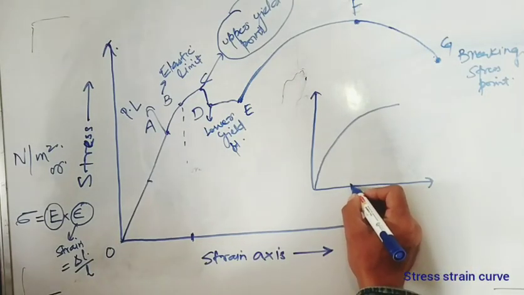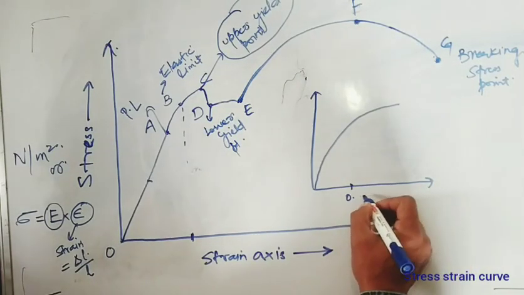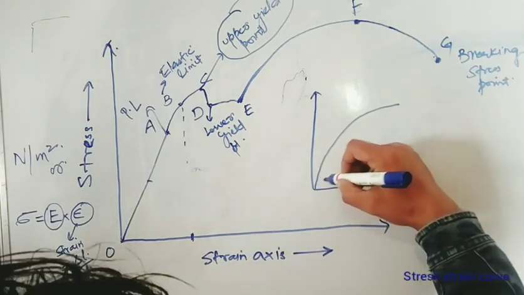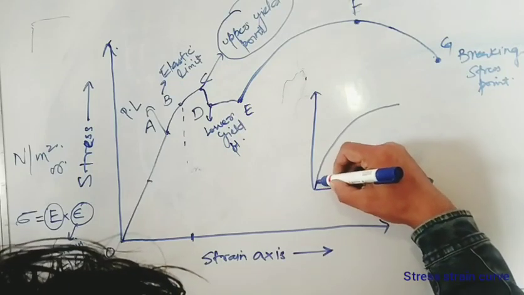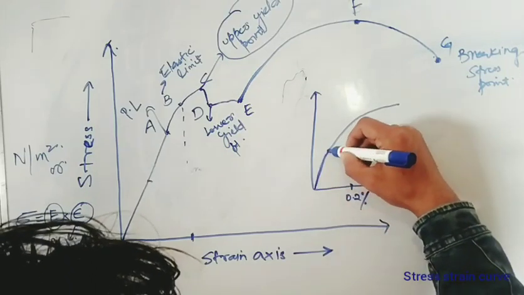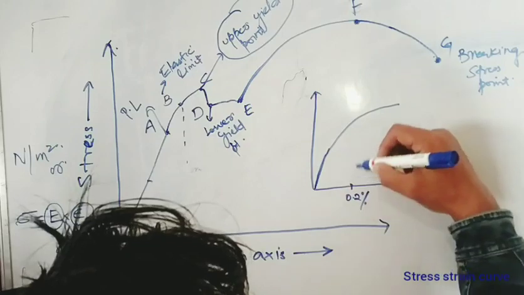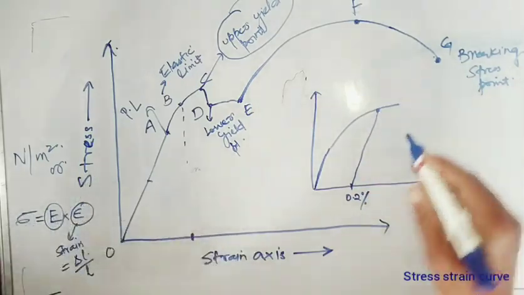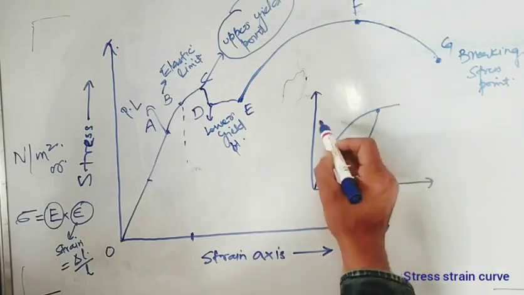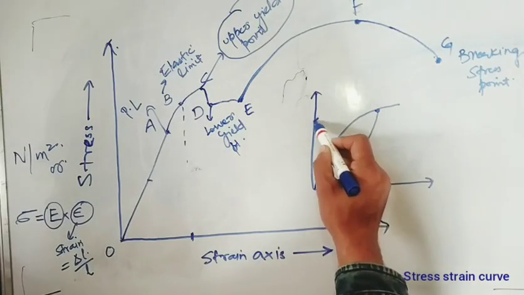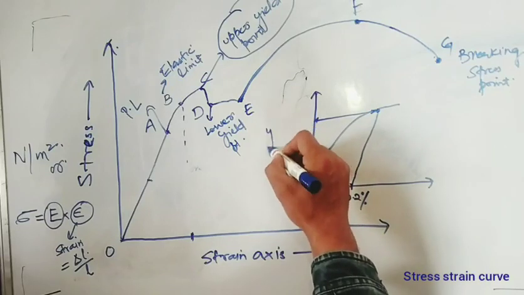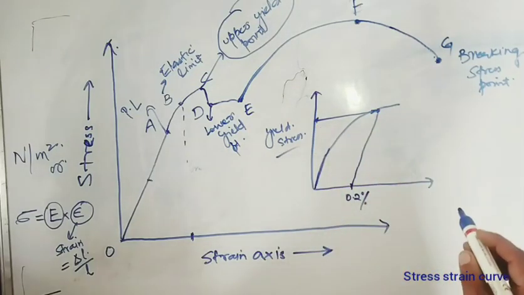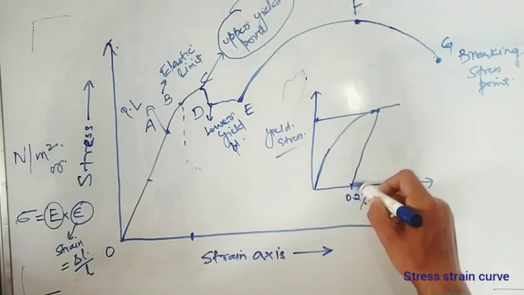You have to go to 0.2% strain. You have to draw a line. If this is the proportional line up to this point, you have to draw a similar parallel to this line. Whenever it cuts the curve, at whatever point it cuts, that will be your yield stress. Yield stress of this specimen. So we use offset method at 0.2% strain.